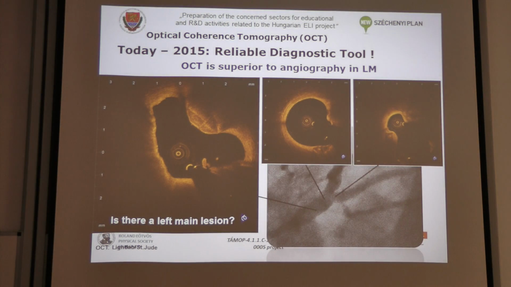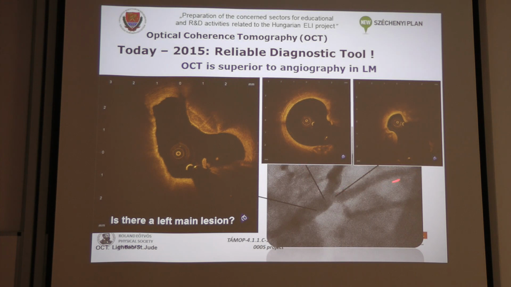But if we examine this particular patient with the OCT, you can see that this particular lesion is almost, let's say, nothing. We can really measure the area really precisely, and we can really decide whether this patient needs to get treated or not.